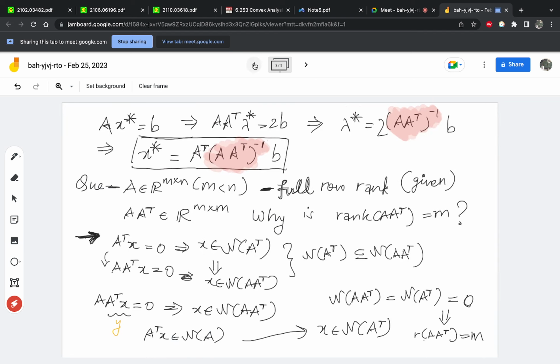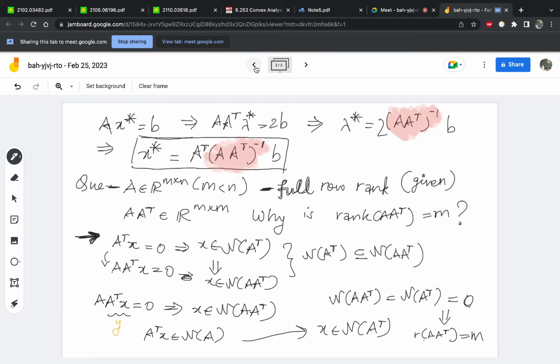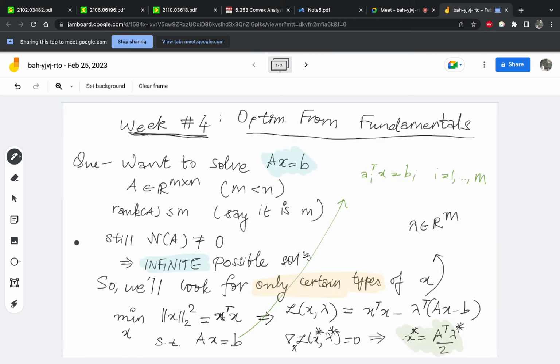So the difference here is, if you notice, I just said you minimize this. I forgot to write minimize, but you minimize over x such that this square is minimized. It's slightly different from here, in the sense that here I want to solve the system exactly.